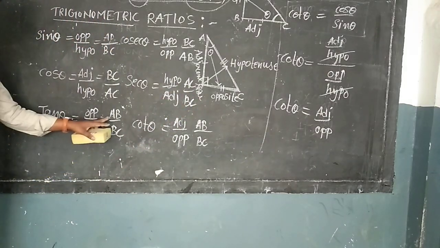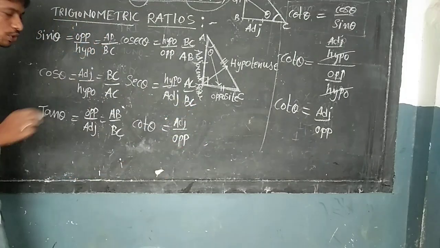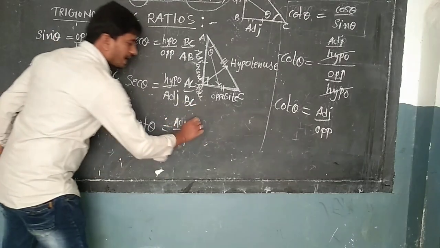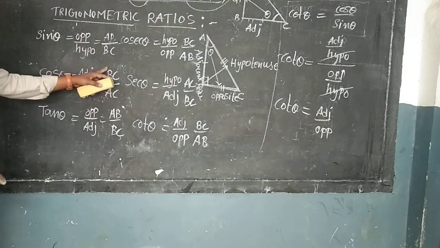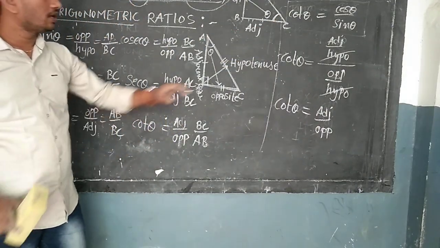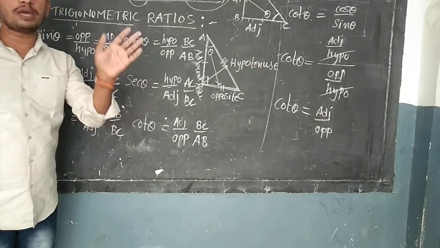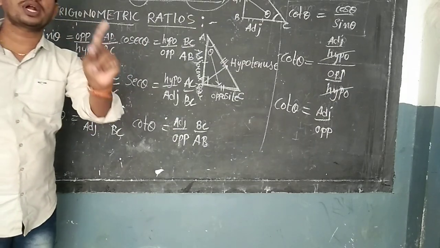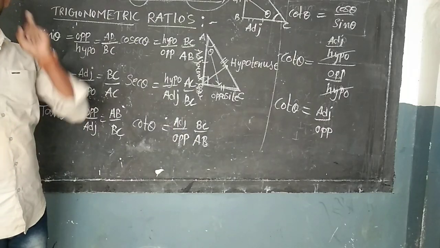Tan theta is AB by BC, therefore cot theta is the reciprocal of tan theta, BC by AB. This is the angle with respect to C. Your angle is at C. If we change the position of an angle, its corresponding sides also will change. That point we have to remember.